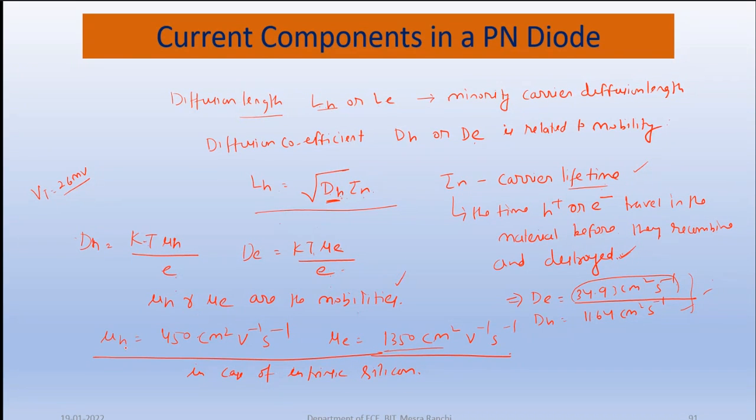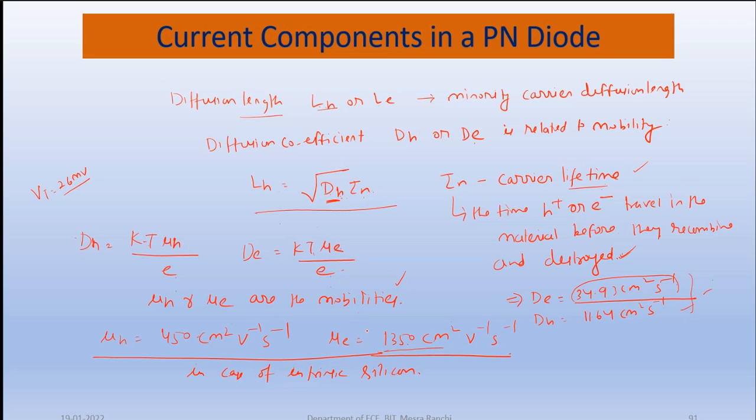I've written an example: if mu H is given as 450 centimeter square per volt per second, and mu E is given as 1350 centimeter square per volt per second, in the case of intrinsic silicon, what will be the diffusion length?